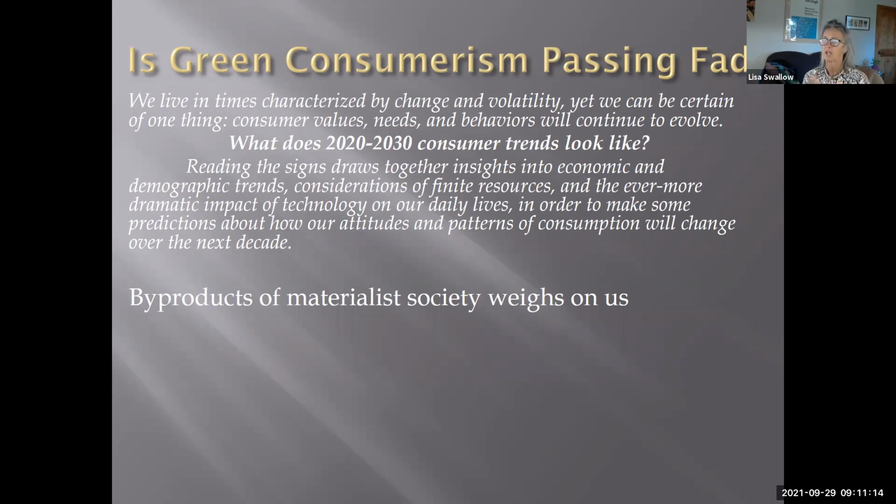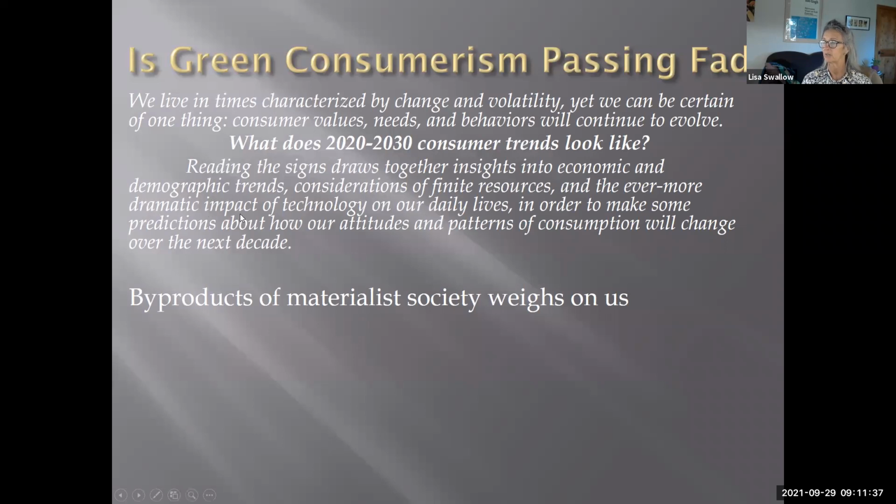So as these executives get together, they're really saying, listen, we need to be able to read these upcoming demographic trends. Is this conscious consumer trend going to continue to evolve, and at what pace? And how do we increasingly design products and processes to meet their needs?